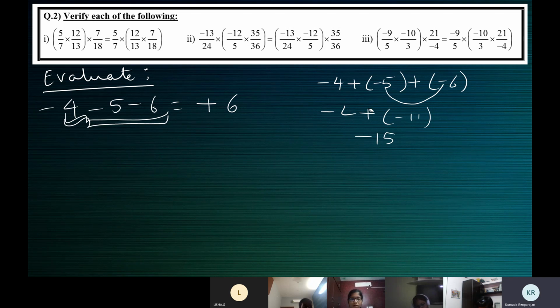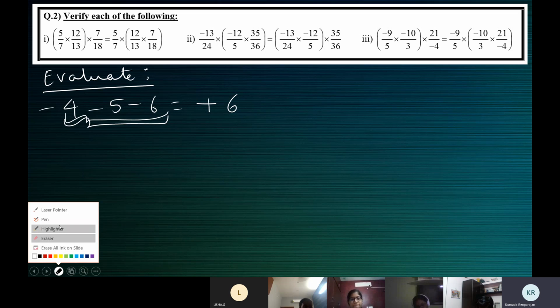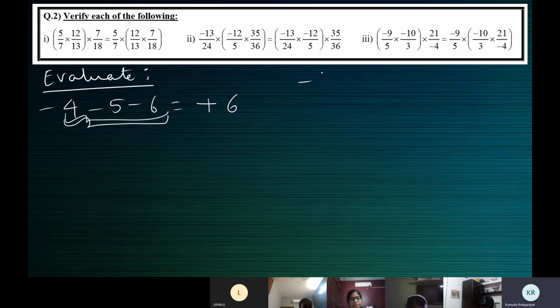If you want to express it as a sum, if you want to use that concept of additive inverse, this is what you should do. Write minus 4, use the connector plus, and then minus 5 inside the bracket. Then use the connector plus, and minus 6 inside the bracket.